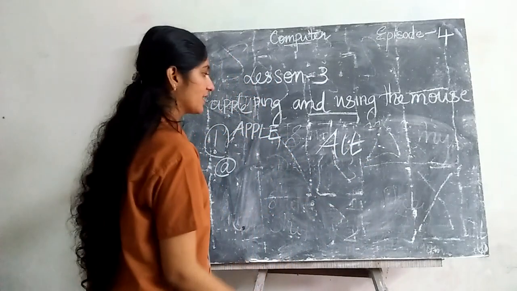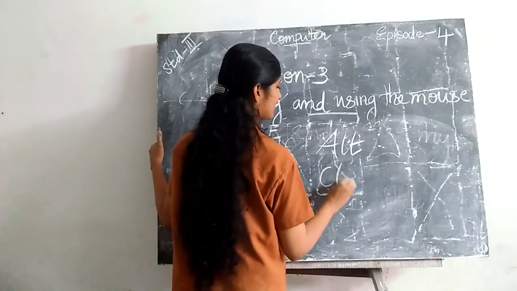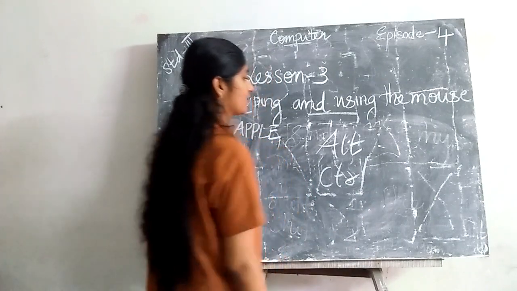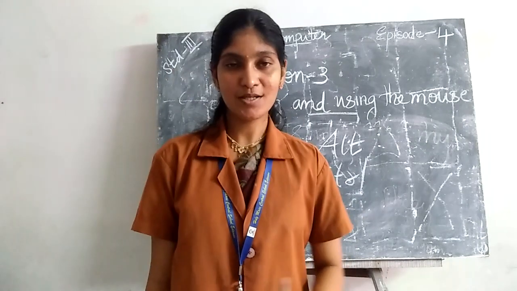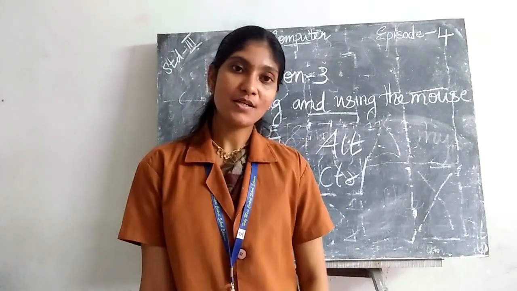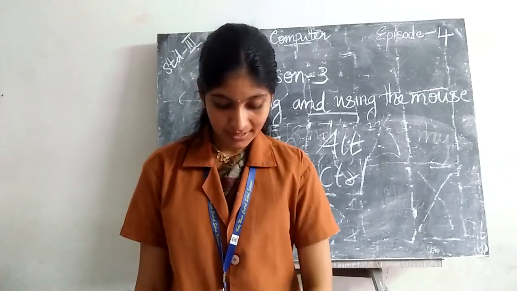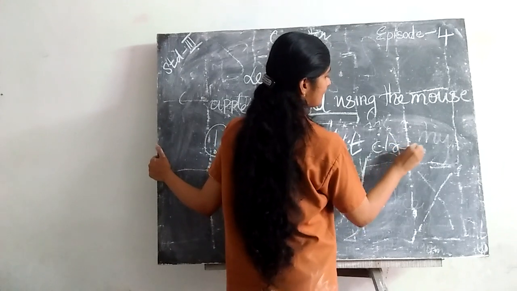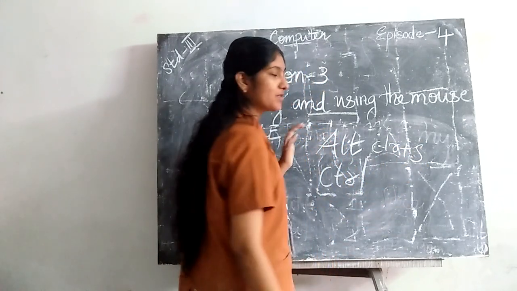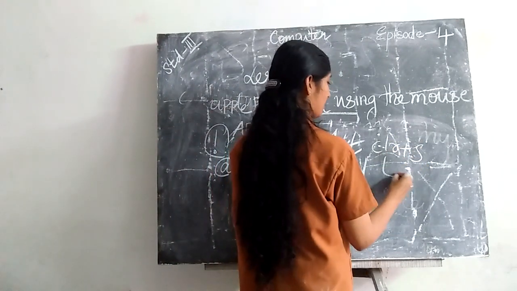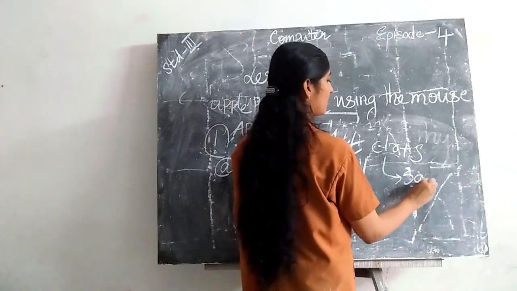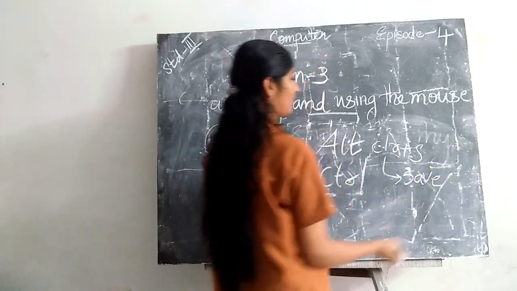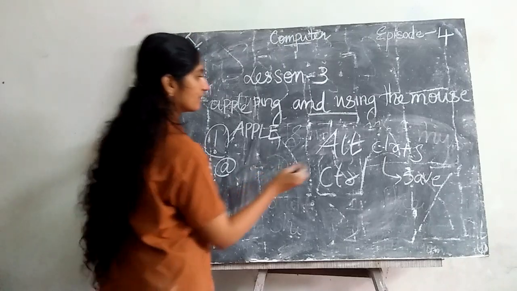Control key is short for C-T-R-L. So the Alt key and the Control key have some control functions. For example, Control plus S is used for saving a document.